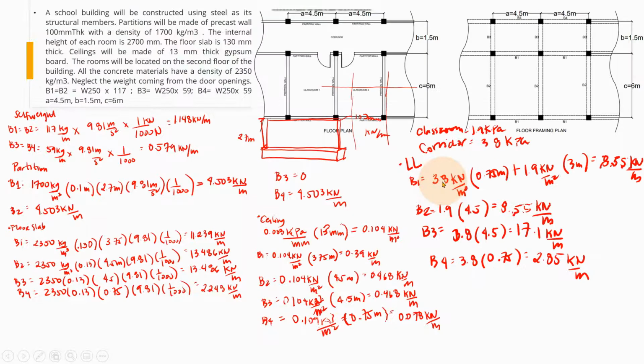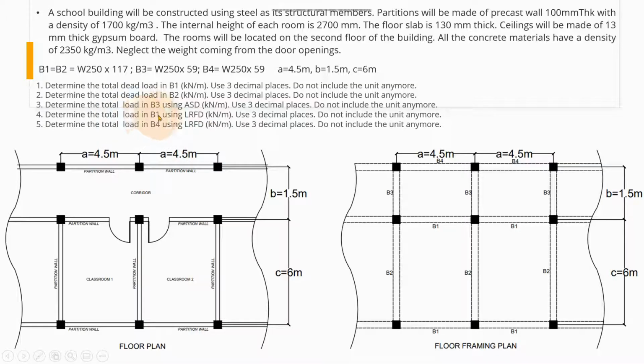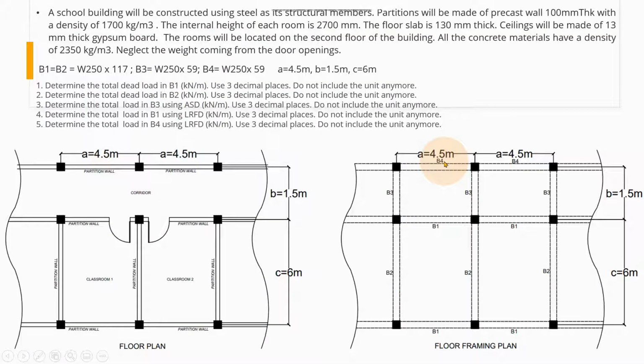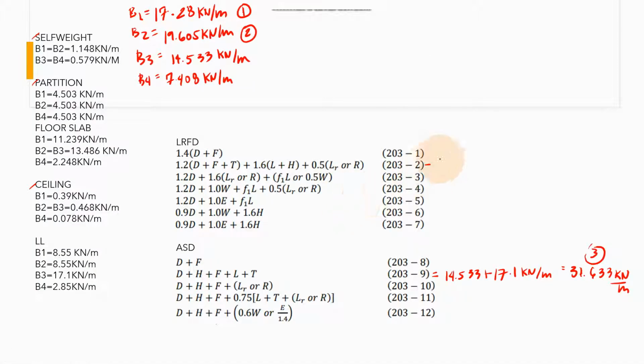For question number 4, tinatanong nyo is, determine the total load in beam 1 using the LRFD. So, sa beam 1 naman daw, using LRFD. So, we have the dead load and the live load. So, assume ko this one, 203-2, yung pinaka-maximum natin dito. So, yung beam 1 natin, we have 1.2 multiplied by 17.28 plus 1.6 coming from the live load, which is 8.55.